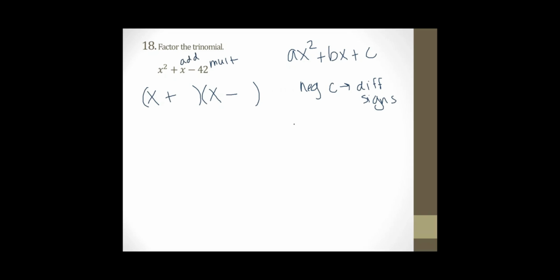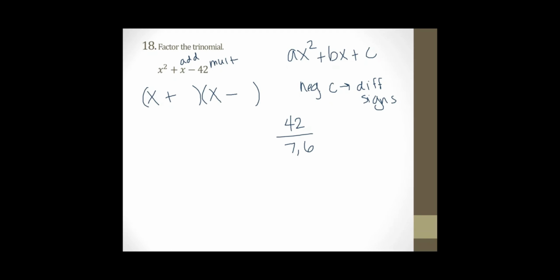If we think of 2 numbers that multiply to give us 42, I think of 7 times 6. Now I need to add the 2 numbers together to get 1, and they need to multiply together to get negative 42. And we already have here that one of them needs to be a negative number.